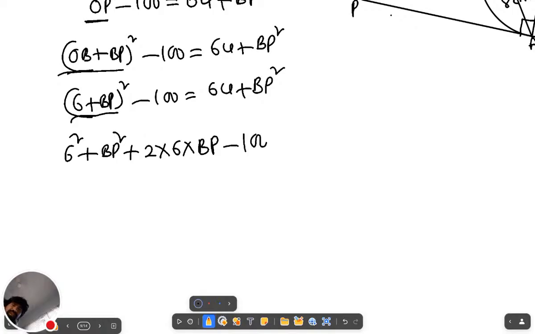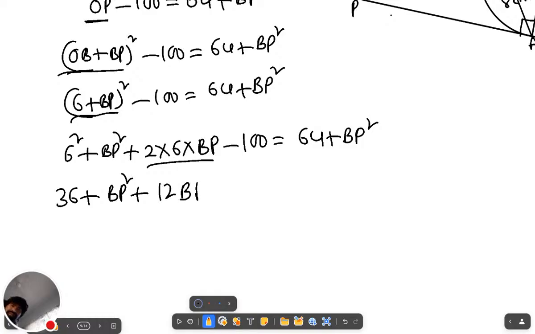So 36 plus BP square plus 12 BP minus 100 equals 64 plus BP square.